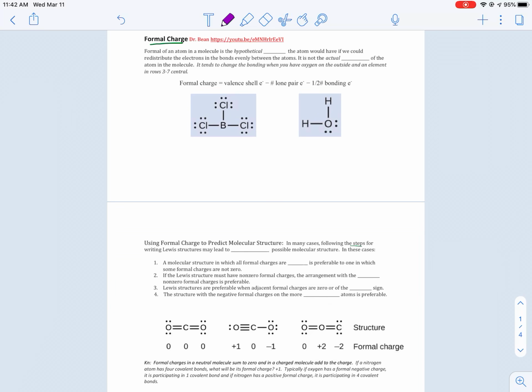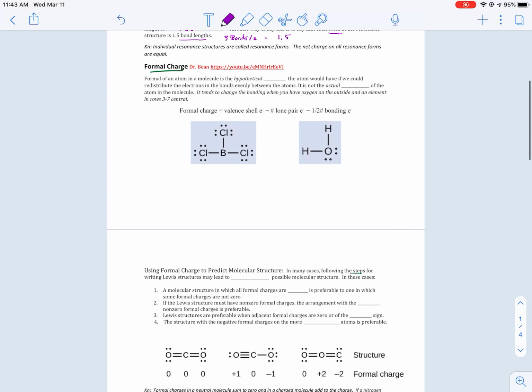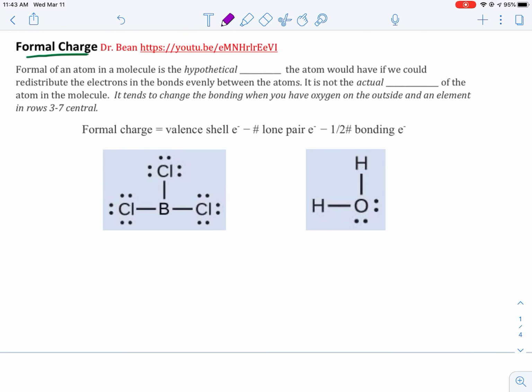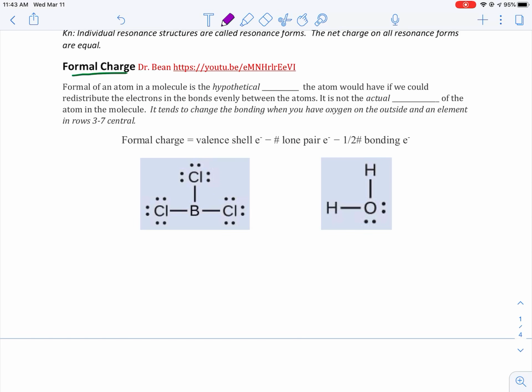Okay, so now we're moving on to formal charge. Formal charge is another situation you come up with when you are doing structures. And again, this is a situation where when we look up the molecule, some of our predictions aren't quite what you get in real life. So it's a way to deal with that. The formal charge of an atom in a molecule is the hypothetical charge.